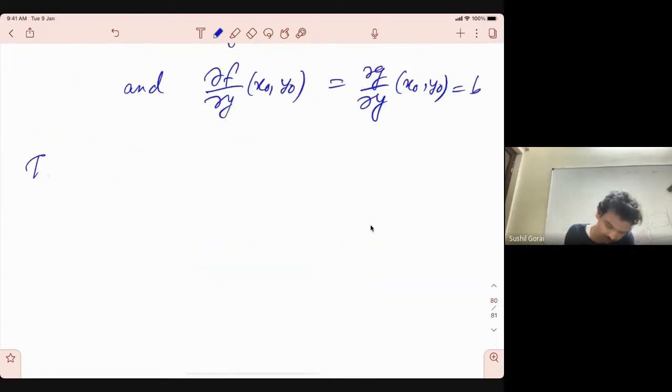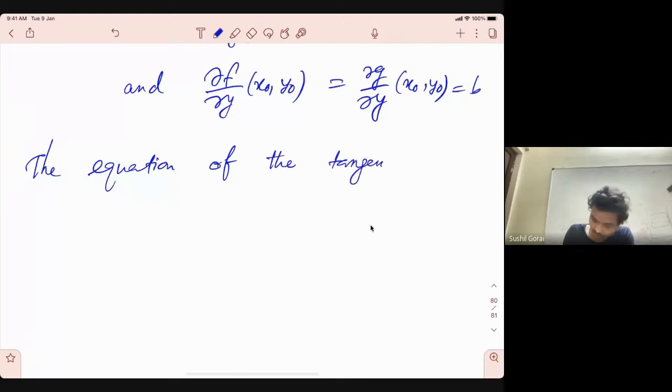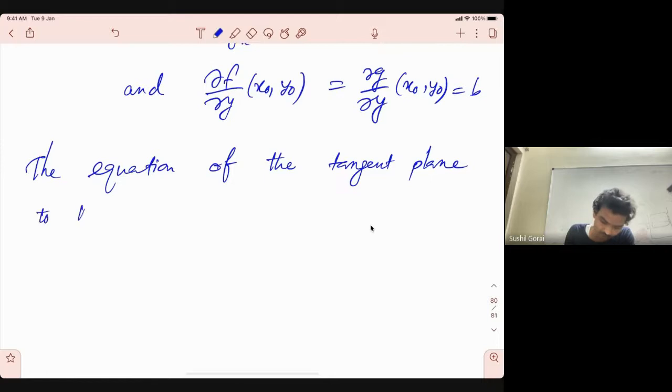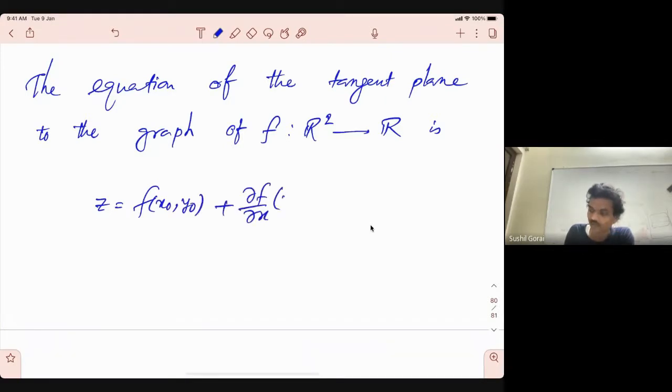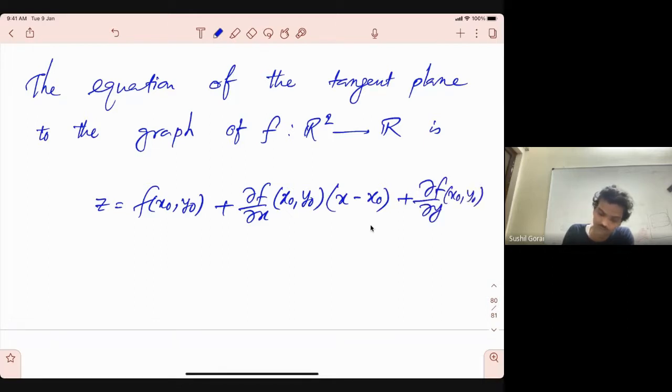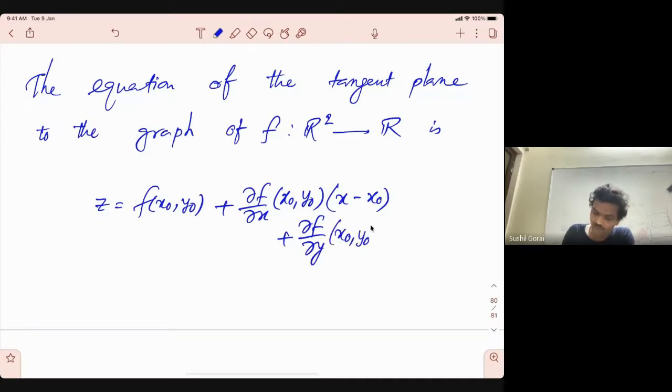So the equation of the tangent plane to the graph of f from R2 to R is z equal to f of x naught comma y naught plus del f by del x at x naught comma y naught times x minus x naught plus del f by del y at x naught y naught times y minus y naught.